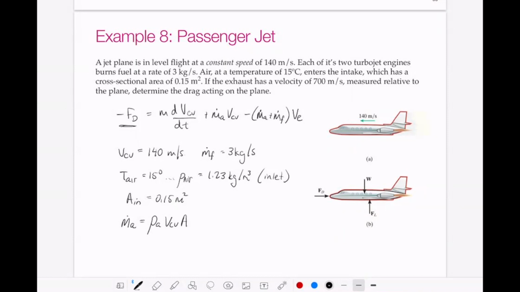So this is 1.23 kilograms per meter cubed, times the velocity, 140 meters per second, times the area, 0.15 meters squared. So our mass flow rate of air is 25.83 kilograms per second.